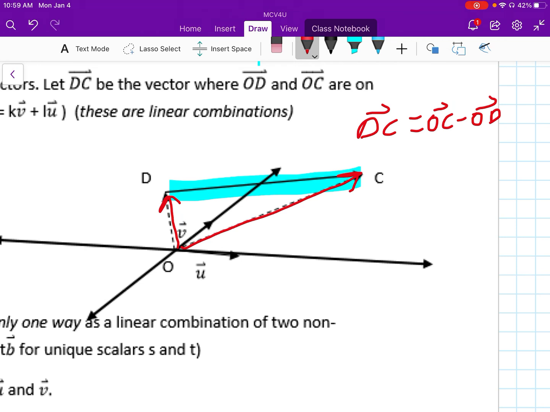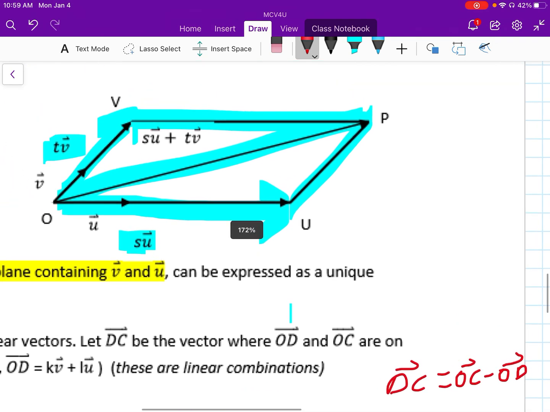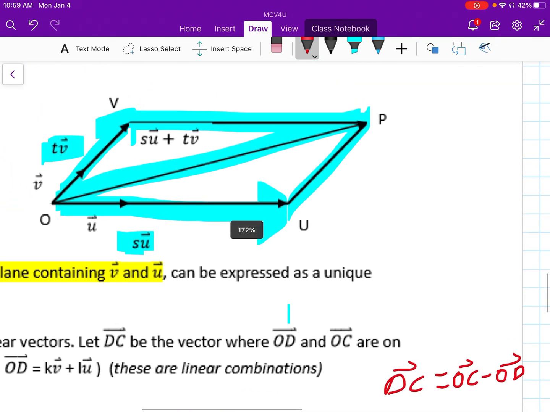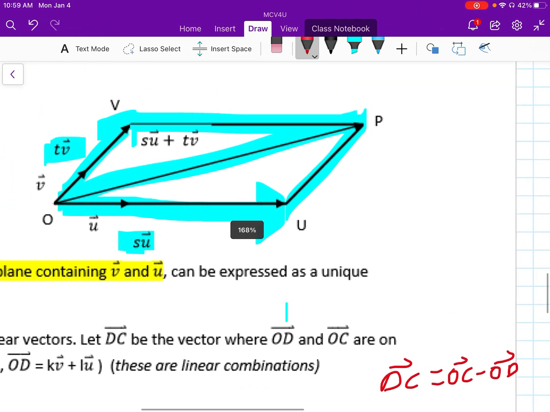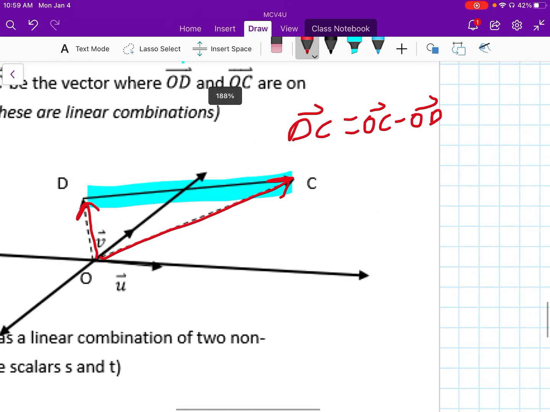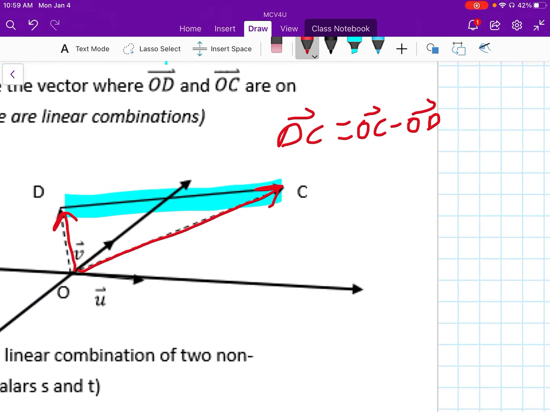Now, all we do is we take a look and say, well, OC is set up exactly the same way as this OP was, and it's a scalar multiple of U and V. Same thing goes with the OC. It's some sort of scalar multiple of U and V. So we can say it could be a KU plus an LV.